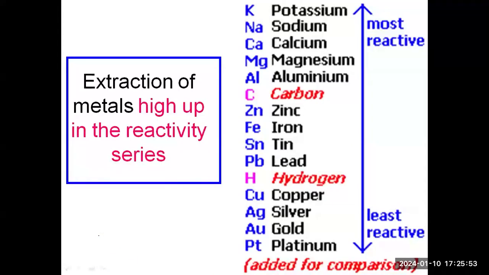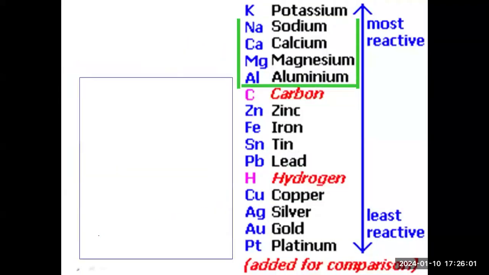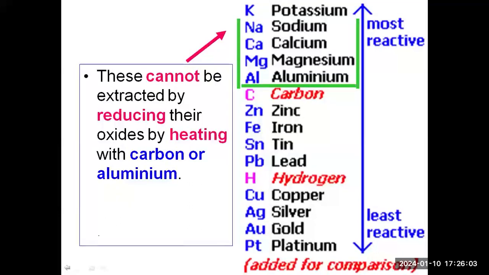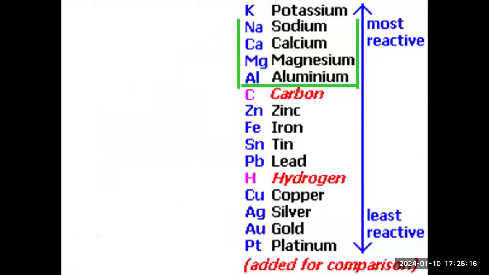Now we'll see the metals which are most reactive, which are high up in the reactivity series. The example that we discuss here is sodium. Now it is very difficult to extract these metals. You cannot use simple methods like heating or reducing them using a reducing agent because they are the most reactive metals.